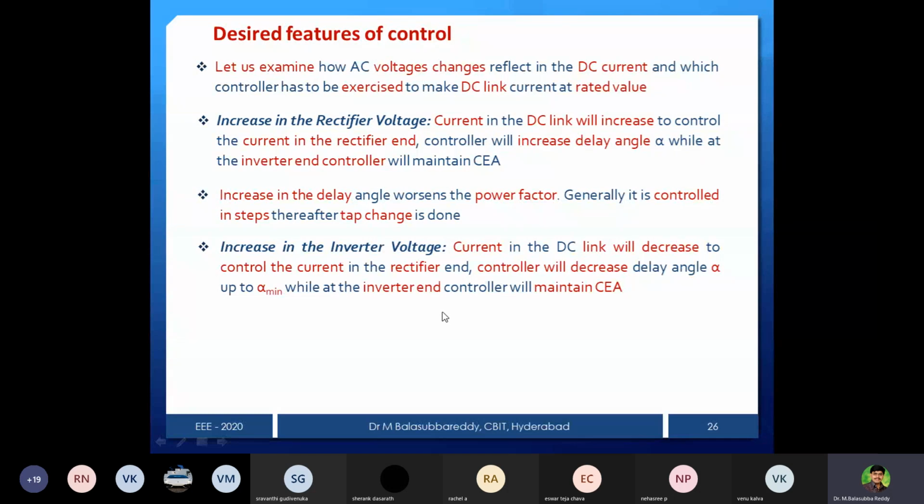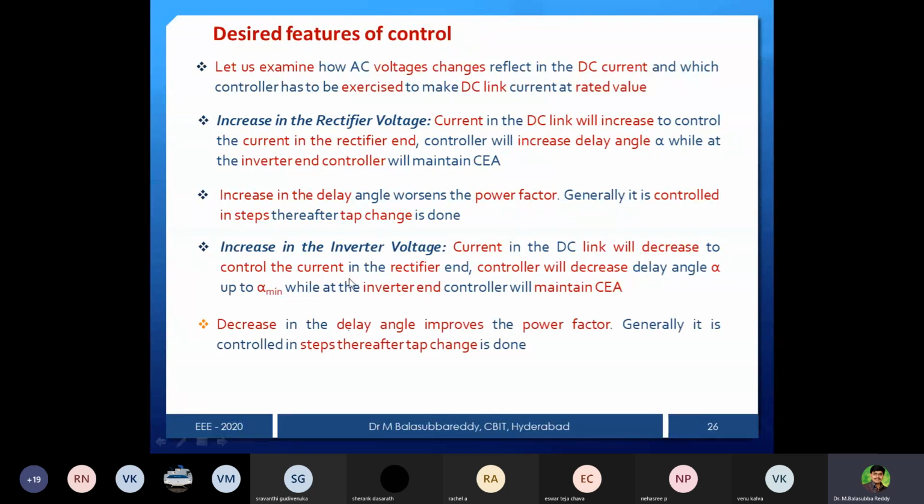So these are the two scenarios. By the same logic, a decrease in the delay angle improves the power factor. If you do it the first way, the power factor decreases. If you do it the second way, where the inverter voltage increases and you decrease alpha, alpha goes towards zero and the power factor automatically approaches unity.